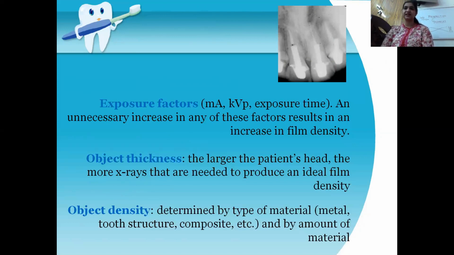For object thickness, the larger the patient's head, the more X-rays are needed to produce an ideal film density. So we have to increase the exposure time as well as the kV when shooting a very thick head or a patient with more fat tissue.